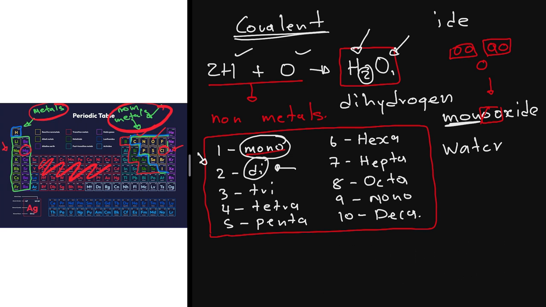Let's say, for example, we want to label PCl3. Remember, we said if the first element is just one element, we don't have to write the prefix mono. So we're just going to write it as it is. P stands for what? For phosphorus. So this is going to be phosphorus.